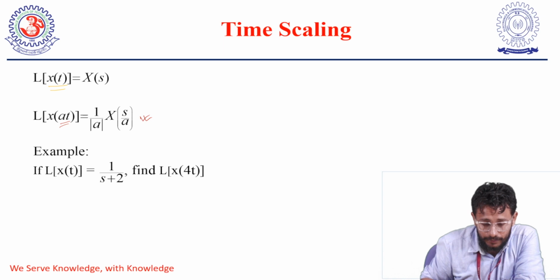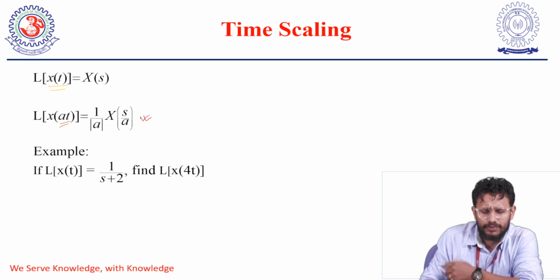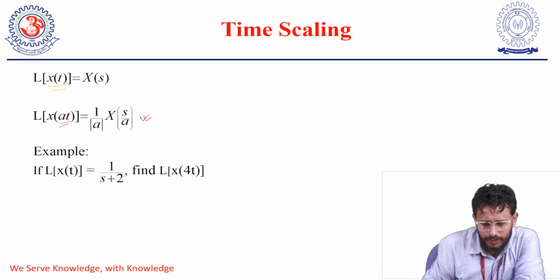Now let's have a look at this example here. Say the Laplace transform of a certain function x of t is 1 over s plus 2. For this case, we are expected to obtain x of 4t.